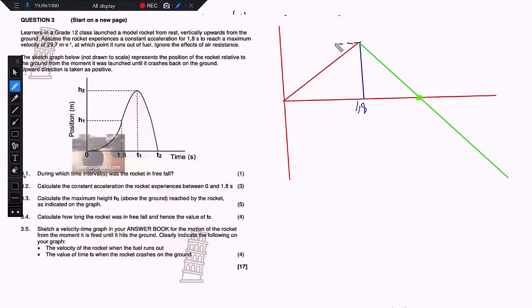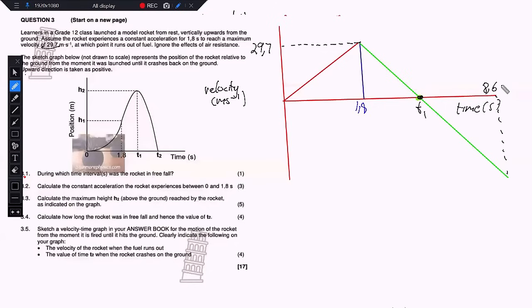So what was the velocity at time 1.8? We were told that it is 29.7. So 29.7. Let's indicate this is velocity in meters per second, and here, this is time in seconds. And then what was the time when it reached the maximum height? It was T1. And then what was the time when it went back to hit the ground?